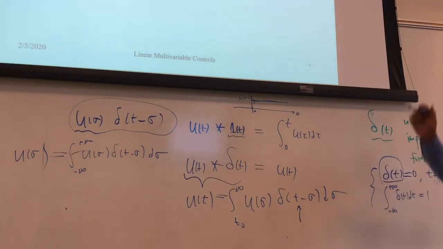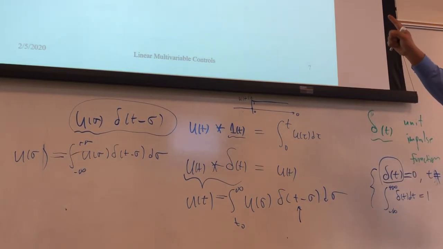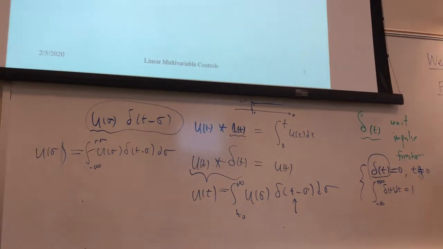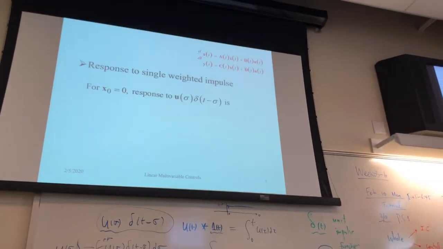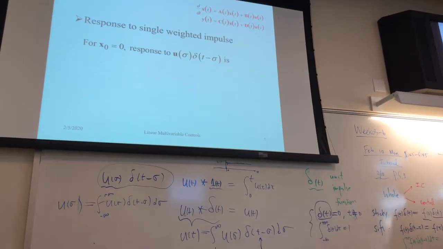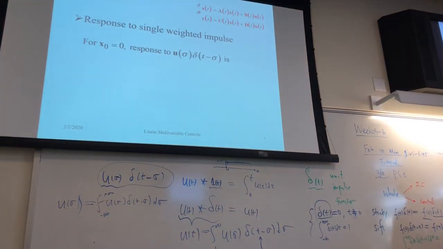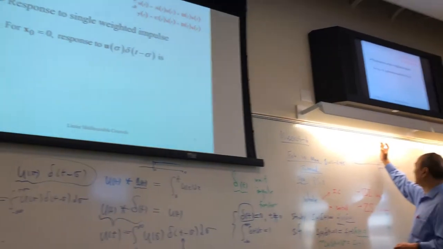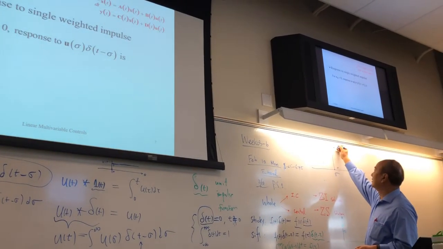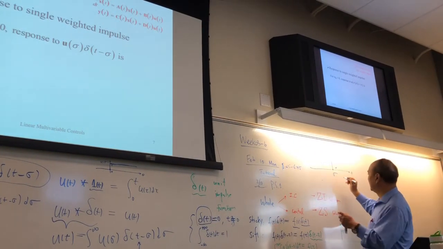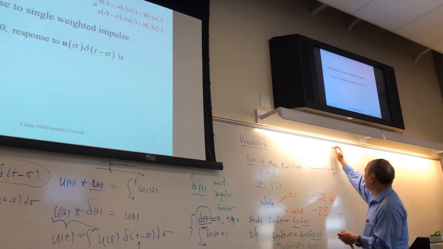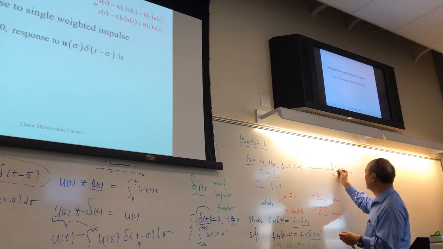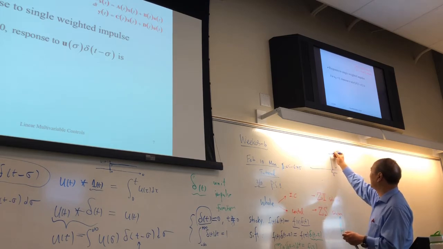In a sense, if you draw the curve with t here, this is sigma, and this will be an impulse. Impulse means the duration is 0 and the height is infinity. But just imagine you have a duration like epsilon, and this is the height.